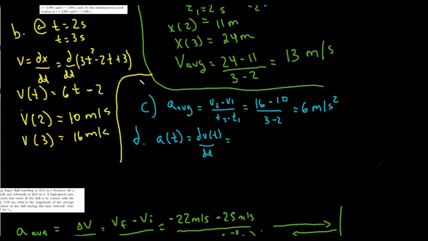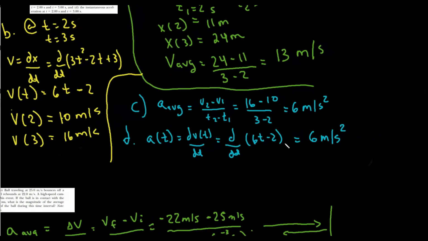So it goes to d by dt of 6t minus 2. So it just gives us 6. That's our acceleration formula. So now we obtain a constant. So this means that this is our acceleration no matter what at these times, time frame 2 and 3. So it's going to have a constant acceleration at this point.